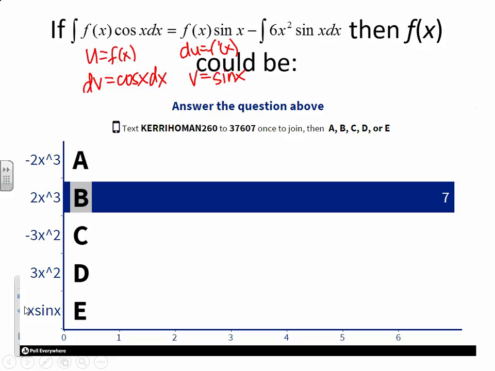Okay, so let's talk about your quiz tomorrow. Your quiz tomorrow is going to cover 8.1 and 8.2. So, like the arc tangent, arc sine rules, you're going to need to be able to recognize. You need to be able to recognize when you need to use u substitution.